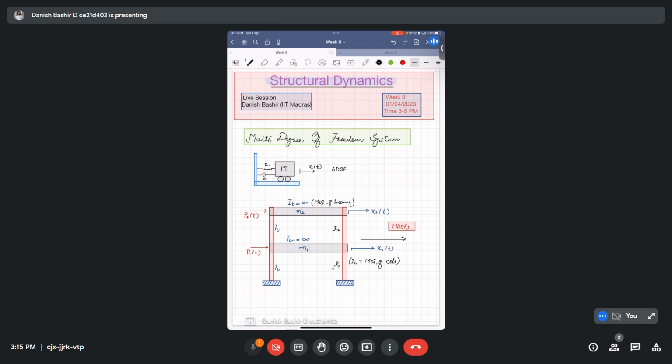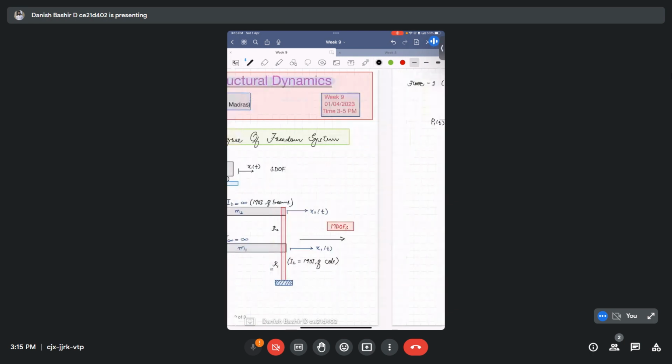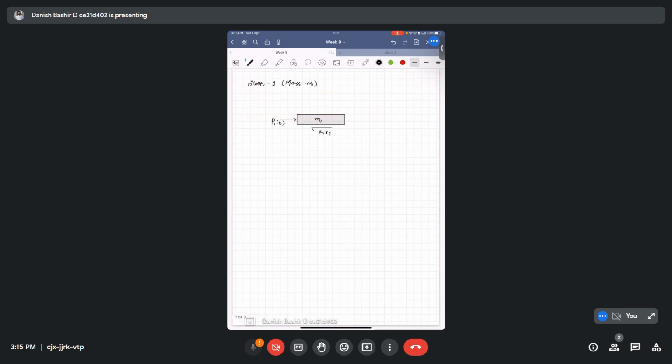So it will have a restoring force in this direction, like this. It will have k2 times (x2 minus x1).